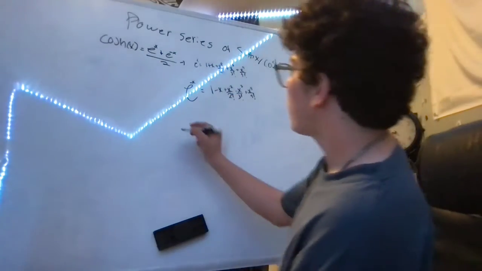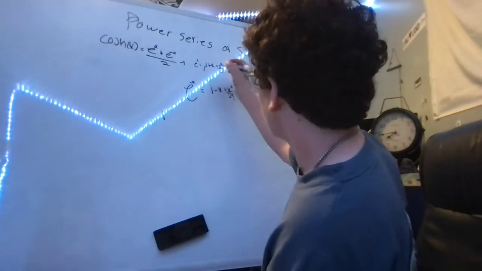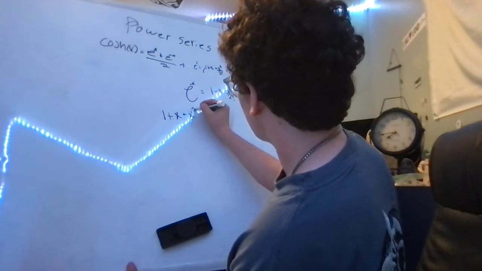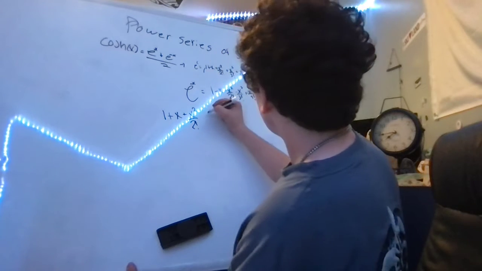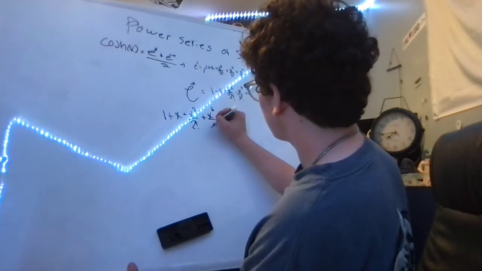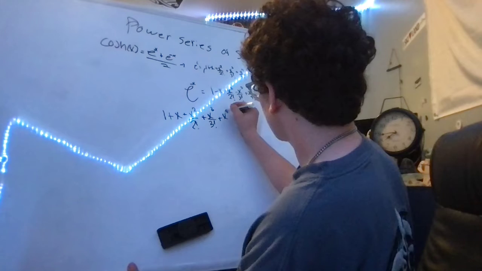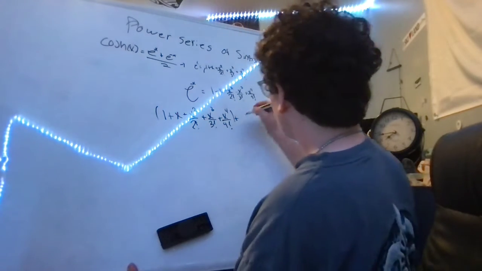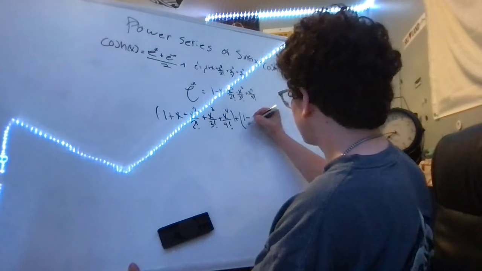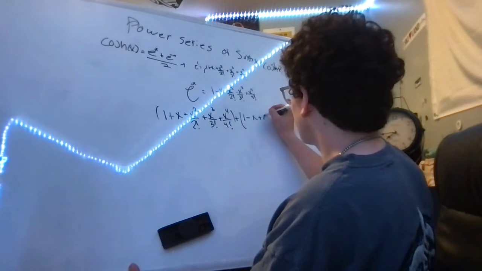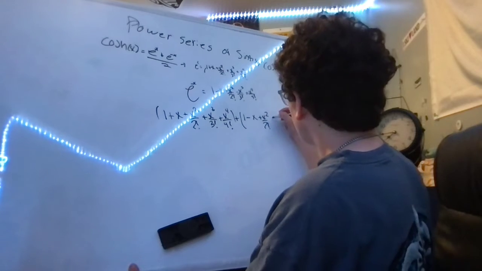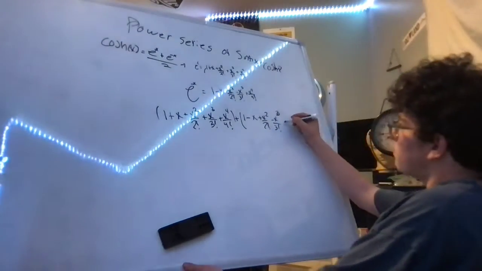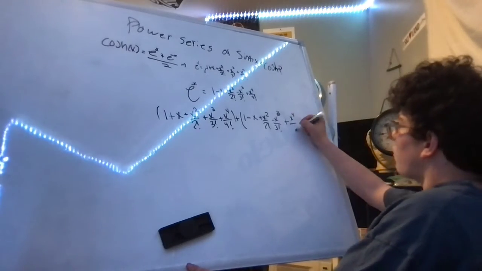So we're adding 1 plus x plus x squared over 2 factorial plus x to the 3rd over 3 factorial plus x to the 4th over 4 factorial, plus 1 minus x plus x squared over 2 factorial minus x cubed over 3 factorial plus x to the 4th over 4 factorial.